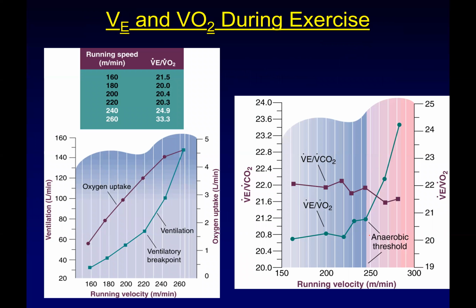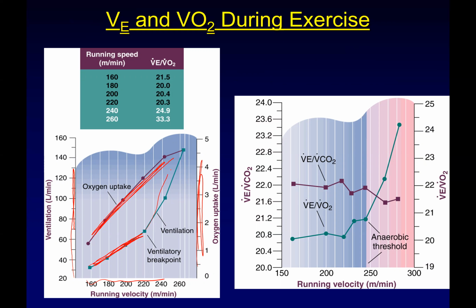Okay, and so it's going to look something like this. So here is running velocity on the x-axis, and we've got ventilation or oxygen consumption on the y. And so what you will note, here's our nice kind of linear increase in oxygen consumption as running velocity increases. But if we graph ventilation, it does one thing for a while and it has a relatively steady slope.